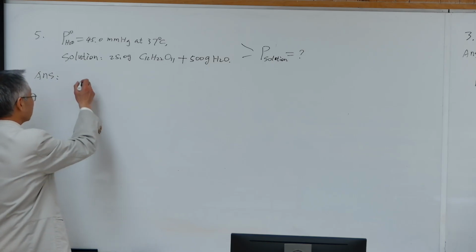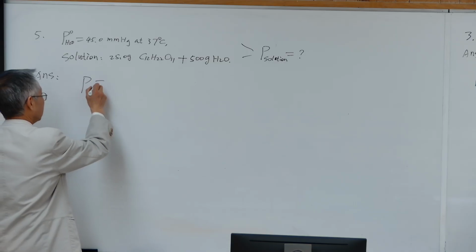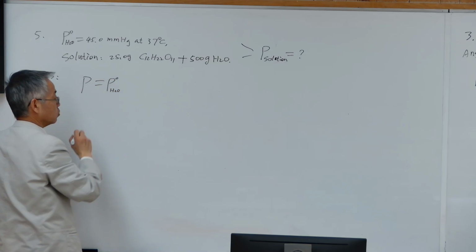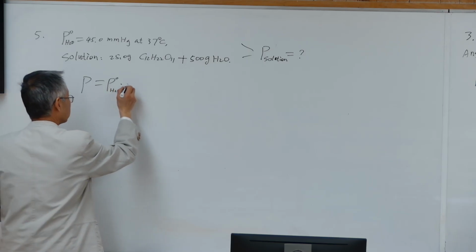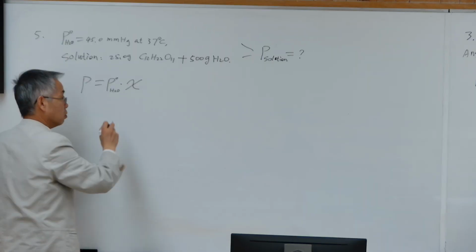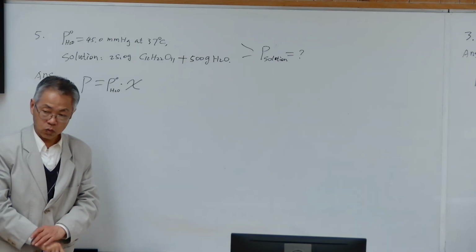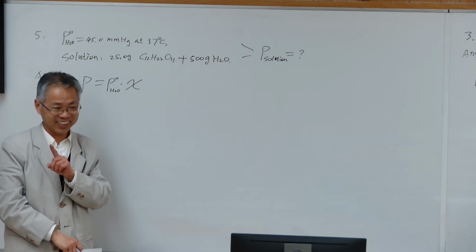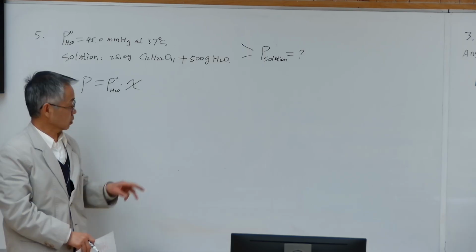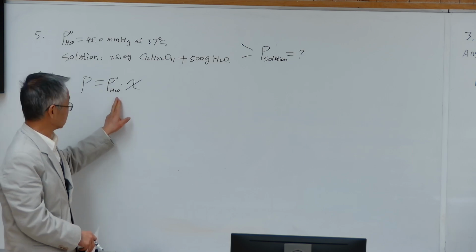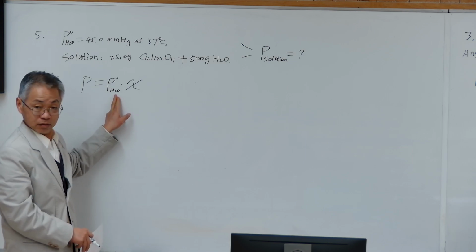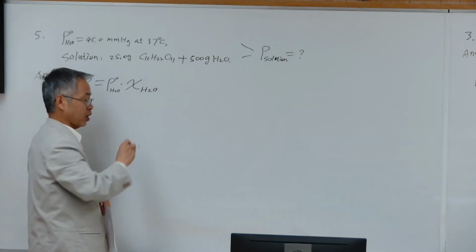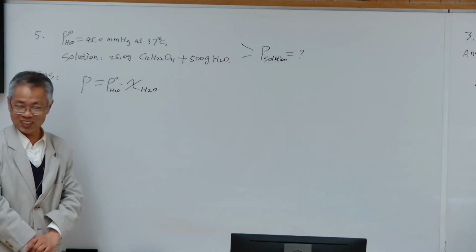The formula is P equals P0, which is pure solvent vapor pressure, times mole fraction. Now, what is the mole fraction of this? Mole fraction of the solvent, because this P0 is solvent vapor pressure. So this mole fraction, of course, is solvent mole fraction, not solute mole fraction.